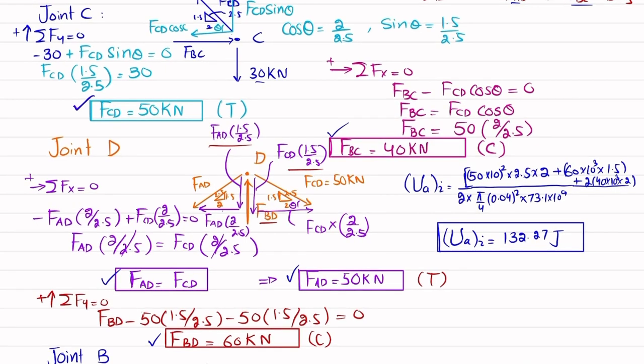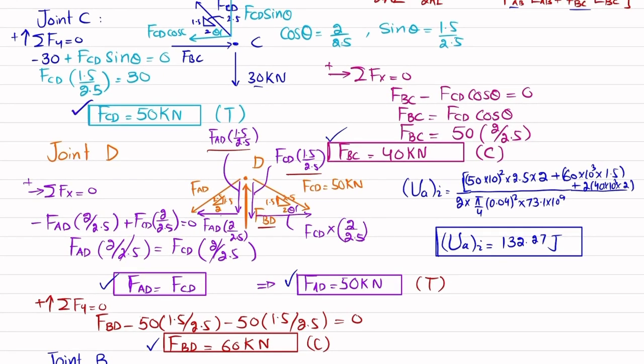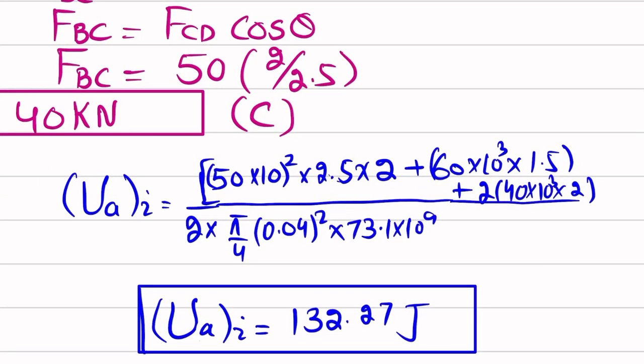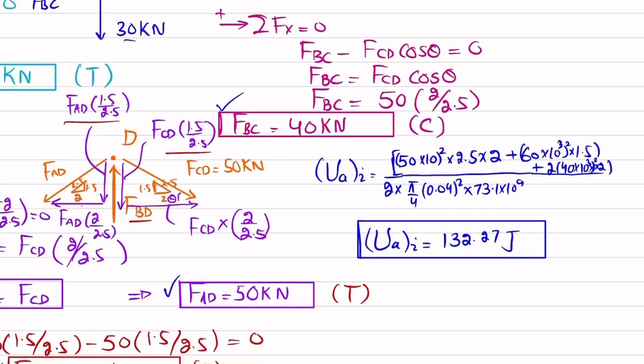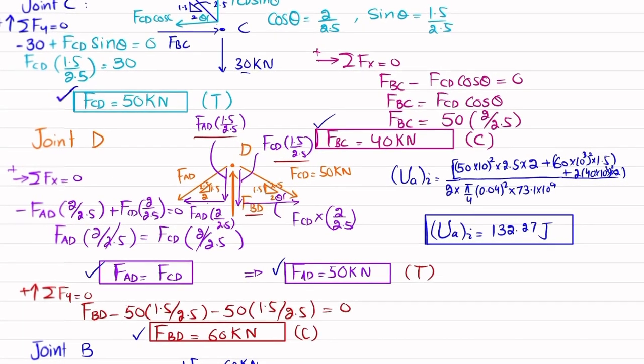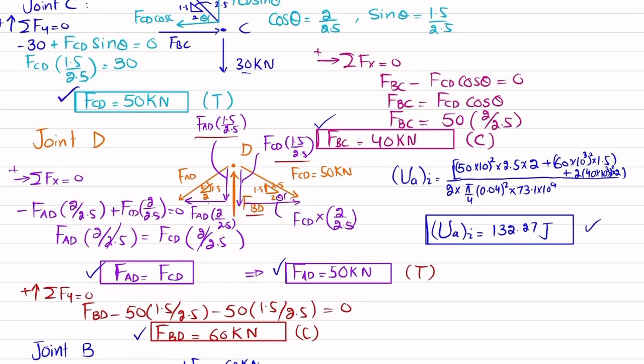Also note that there is a square, so 60 whole square and 40 whole square. So let me correct it as well over here. This will be whole square and this will also be whole square multiplied by 2. Okay. Now it is fine. So you will get the strain energy due to axial loading as this one.